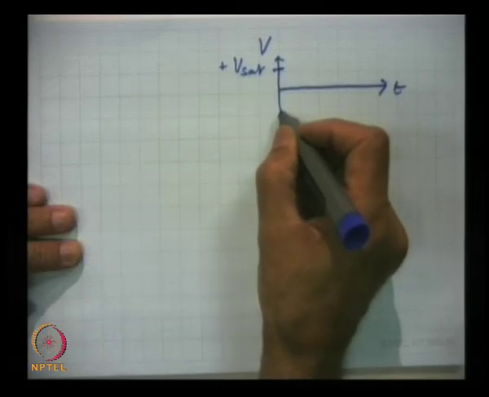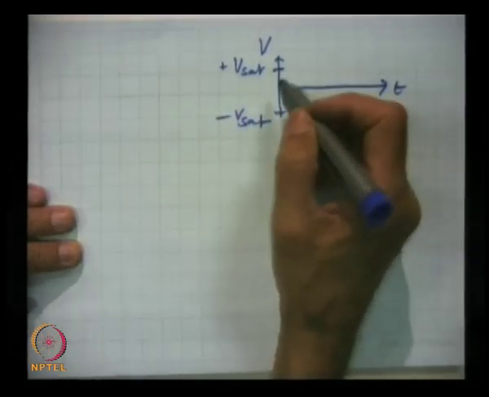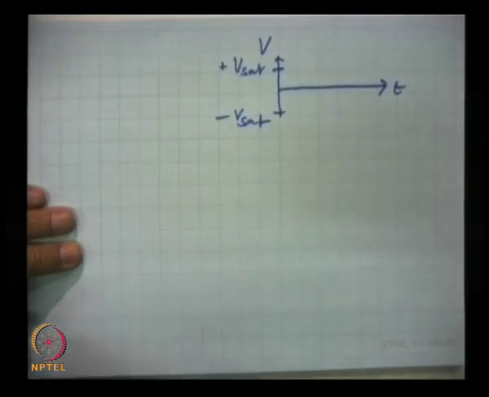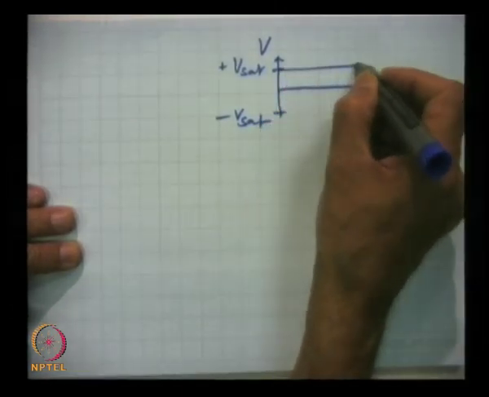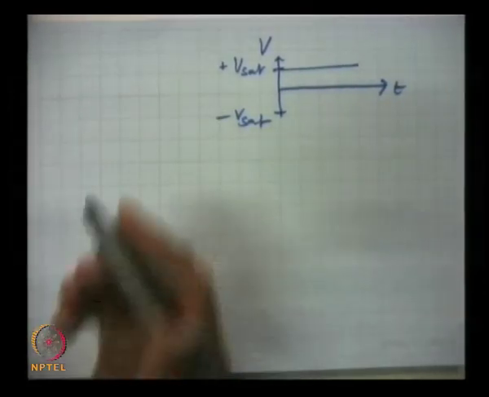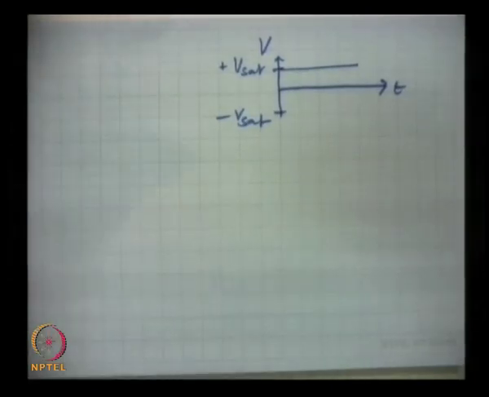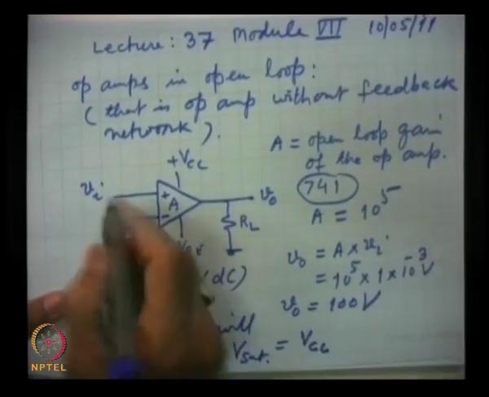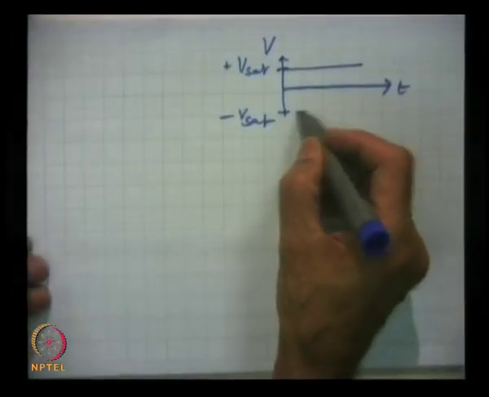This is minus V sat. So, if the voltage is positive, it will just saturate here, and if this voltage is negative, then without change of polarity it will appear in output and it will saturate here.